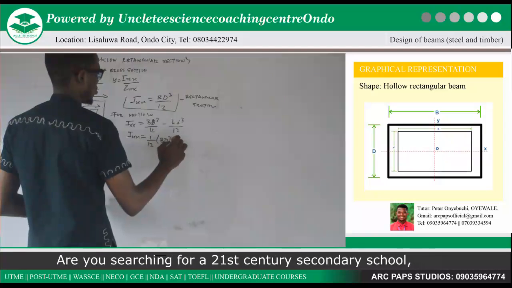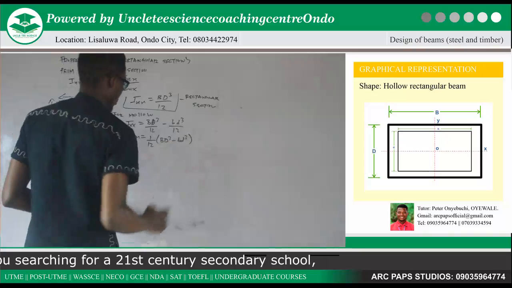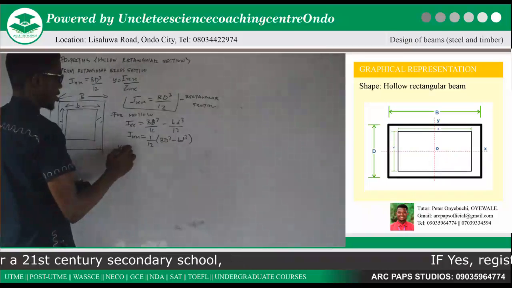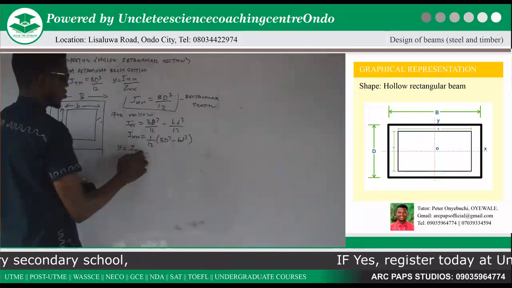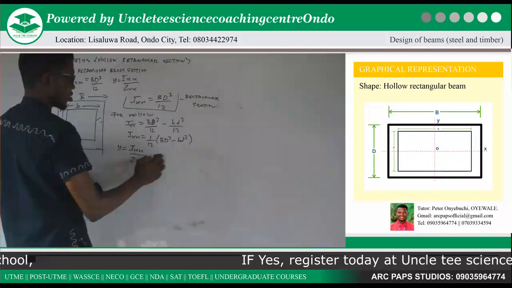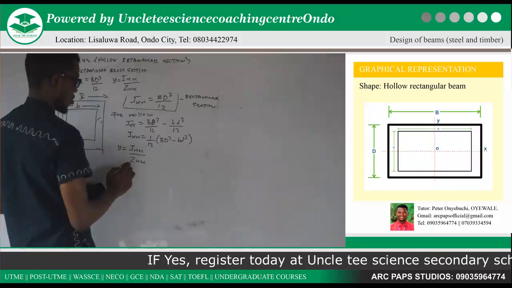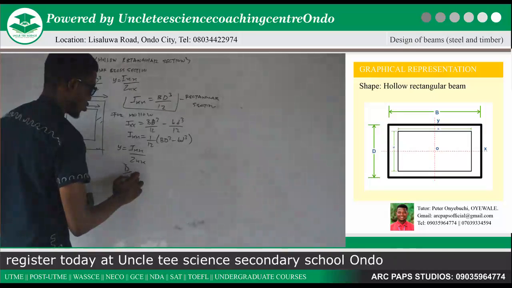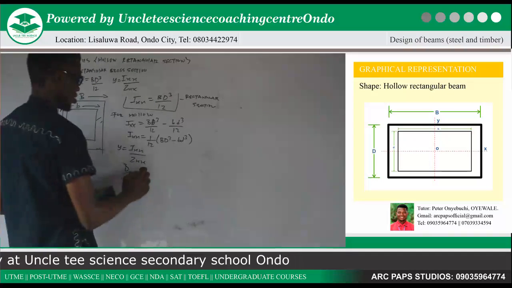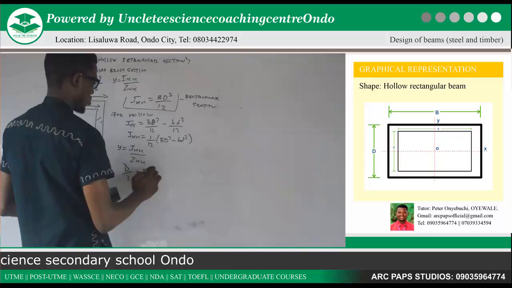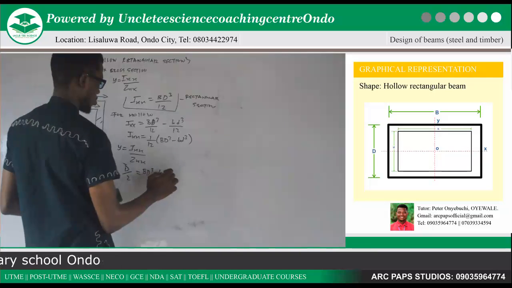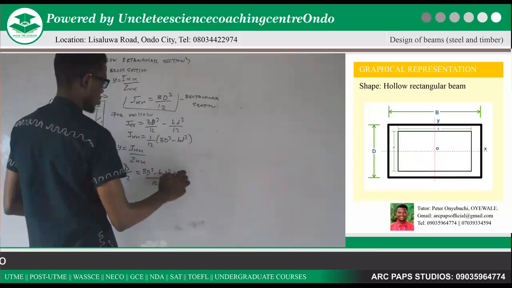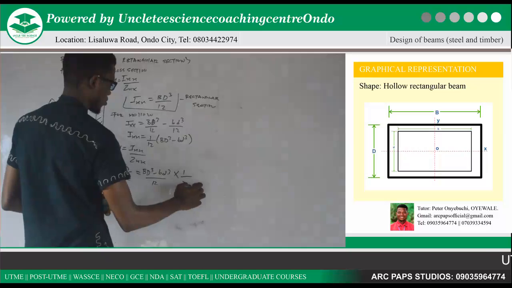Now our Ixx, when you factorize 1 over 12 out, it will give us BD cube minus bd cube over 12. Now since our y is Ixx over Zxx and our y is D over 2, our Ixx is 1 over 12 into BD cube minus bd cube, everything times 1 over Zxx.